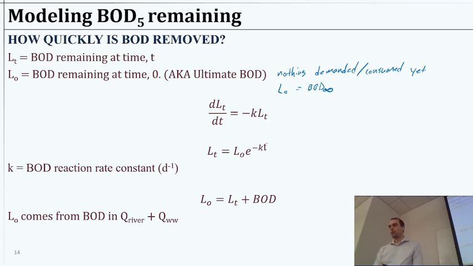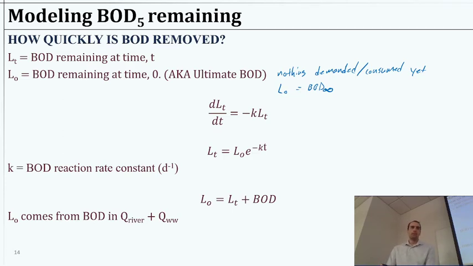T then, of course, if we're in a river, would be our theta. But if you just think about it in a bottle, the amount remaining is going to be equal to the amount you started with times e to the minus some constant times the time it's been sitting there. That constant is going to be the BOD reaction rate constant, typically per day. So it's going to be per time units.